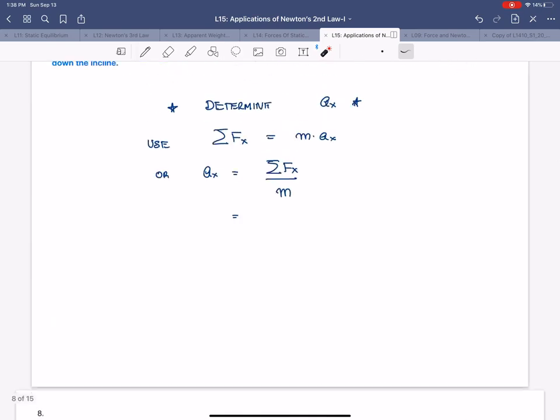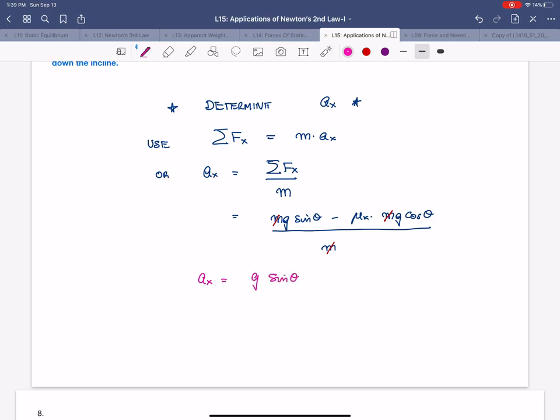So it is mg sine theta minus mu sub k times mg cosine theta over the mass. The mass appears in each of these terms, so I can cancel that off. And what we have here is the acceleration is g sine theta minus mu sub k times g cosine theta.